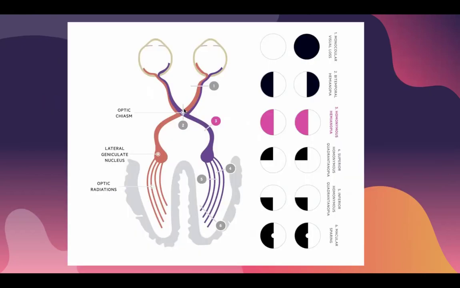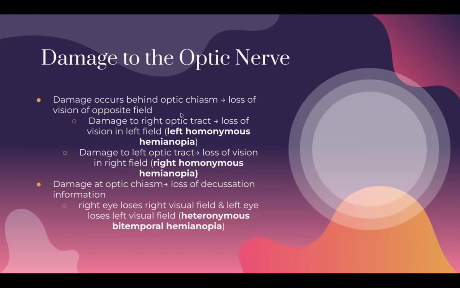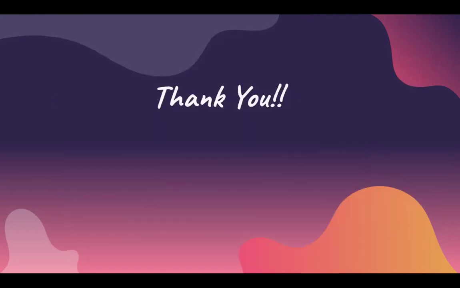So you see here where the information crosses each other. If damage happens in this area, the right eye would lose the right visual field, and the left eye loses the left visual field, which is called heteronymous bitemporal hemianopia. And that's it. Thank you.